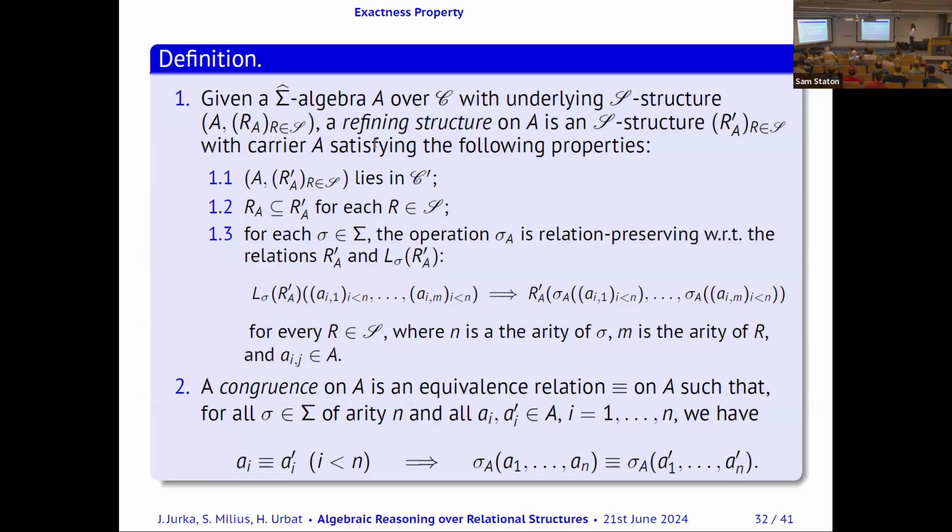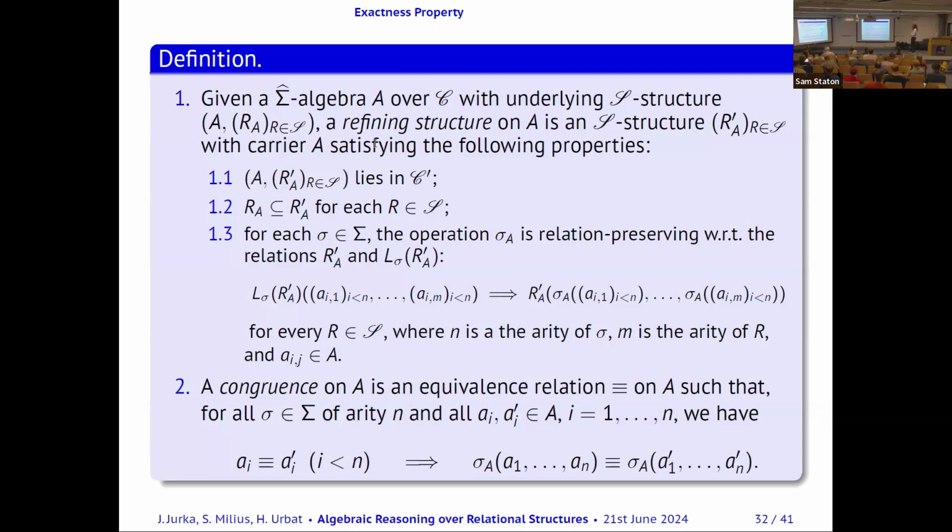By C prime, we mean the structures that satisfy the axioms where we omit the axioms that have equality on the right hand side. So, for example, in the metric space case, one would get pseudometric spaces because one would drop the positivity axiom. That's the only axiom that has equality on the right hand side. All the other axioms have relations there.